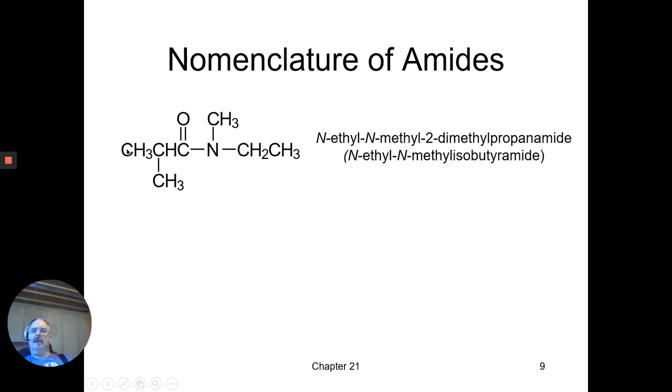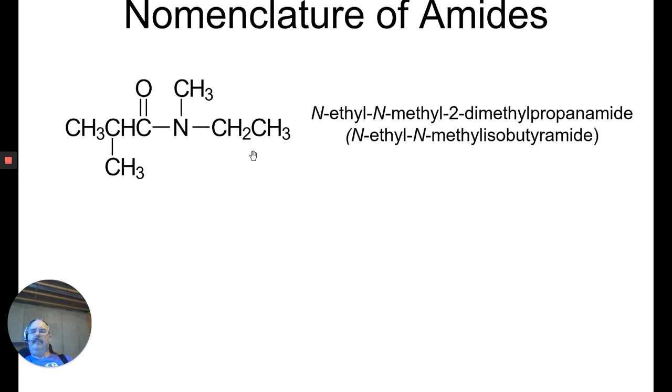Again, we locate the longest carbon chain that would contain the carboxylate group. So if we replace this with an OH, this would be 2-methylpropanoic acid. And so this becomes 2-methylpropanamide.